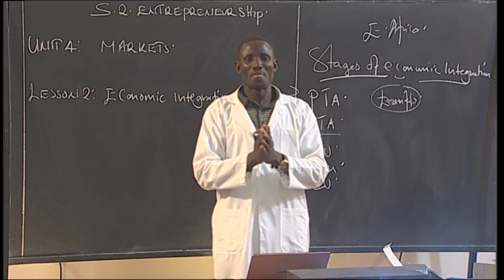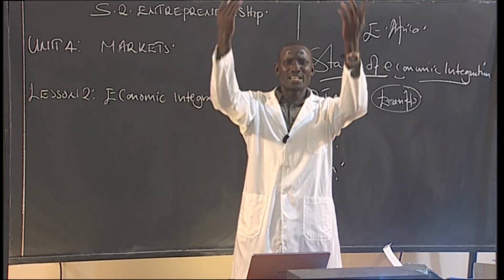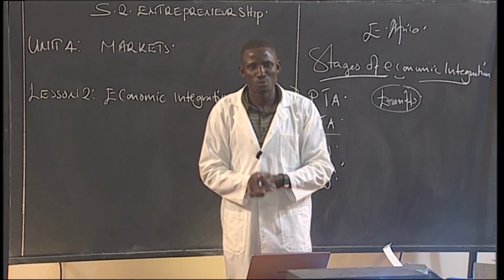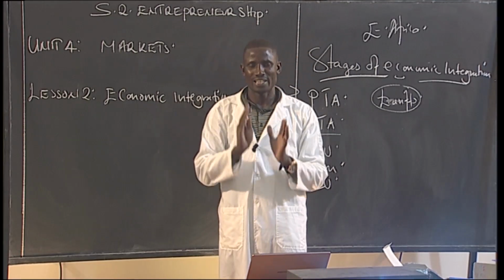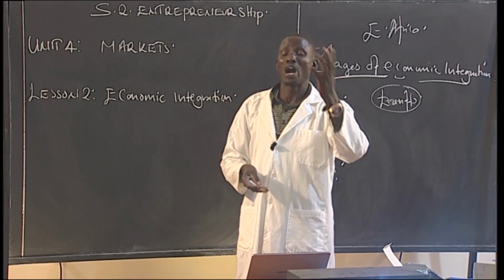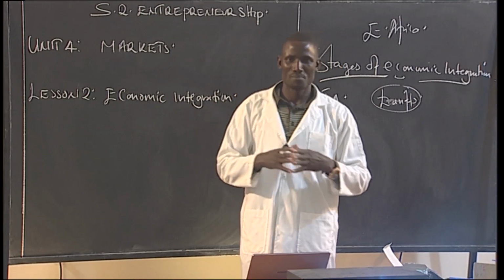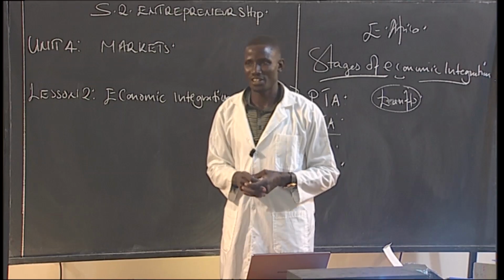You move from Rwanda to Tanzania, Tanzanians also to Rwanda, from Rwanda to Burundi, or from Rwanda to Uganda, Ugandans to Rwanda, like that. Free movement of people from one place to another, and also goods. Are we together, students? Yeah, thank you.